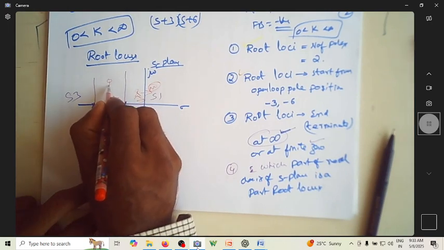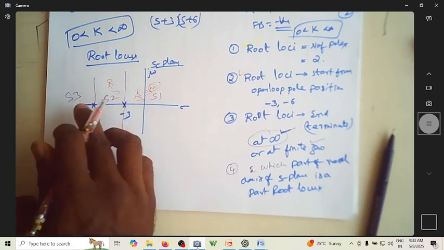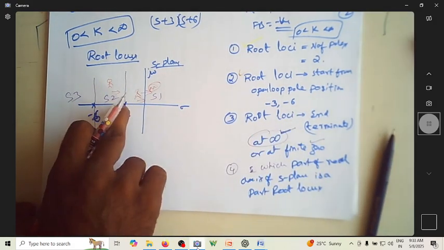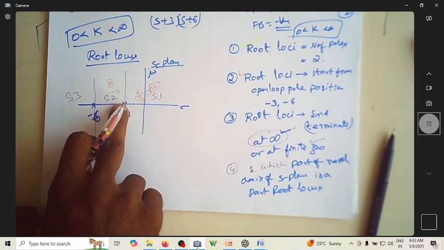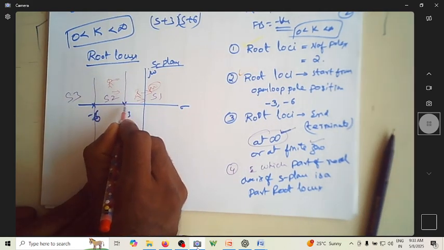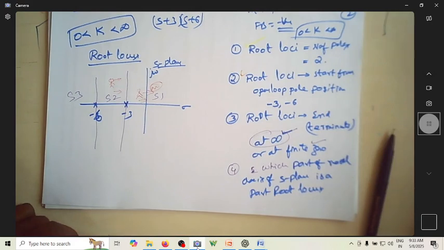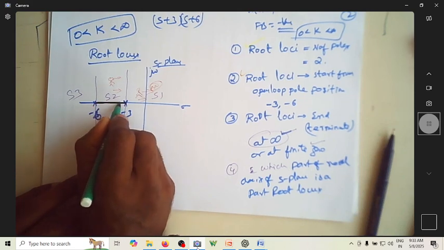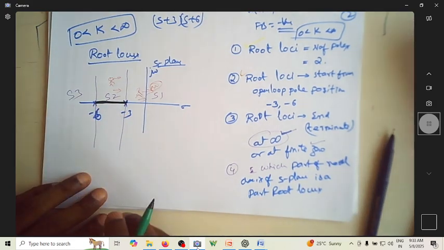Then you stand here. You literally stand here, look towards the right. How many poles plus zeros are there? You have one here. Since you have one towards the right, meaning this portion is a part of root locus. You darken this line. You can see I'm darkening that.